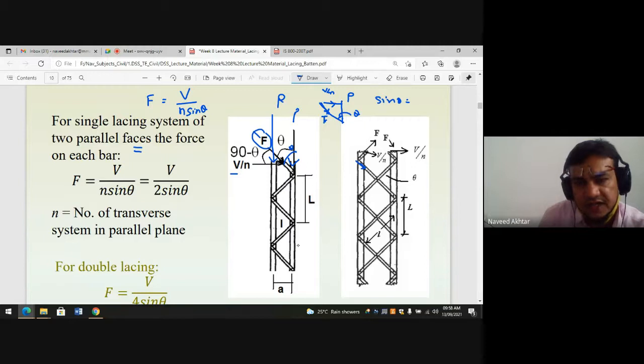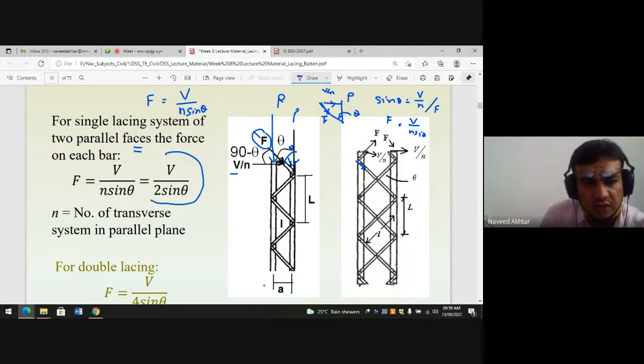So sin theta is V upon N, divided by F. I will take the other side, and sin theta here, so F is equal to V upon 2 sin theta.